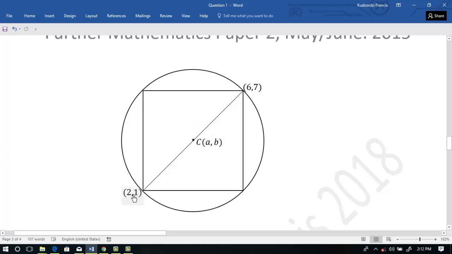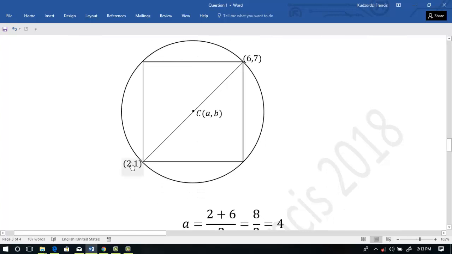Since this is a diagonal and it is touching two sides of the circle, it is the diameter of the circle. So the midpoint of these two points will give us the center.